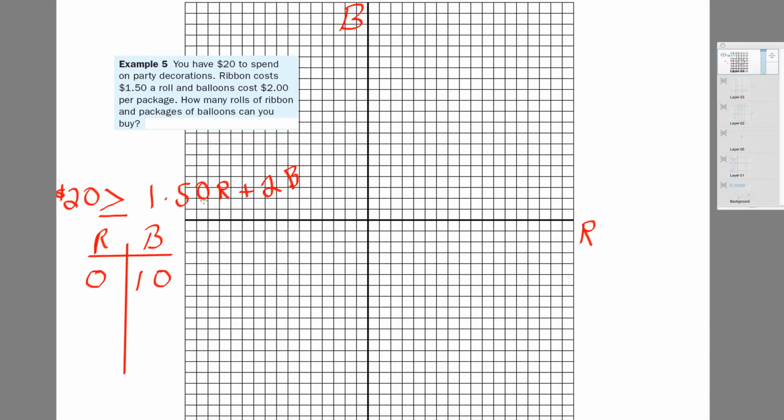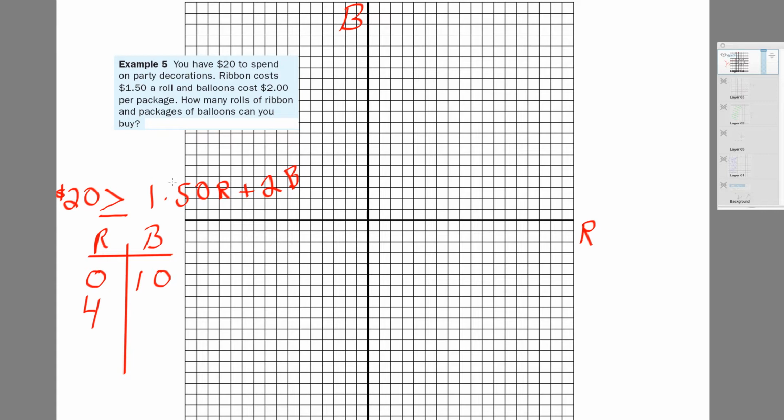So 4 times 150 is $6, right? Yep. And then 6 from 20 leaves me with 14. So that must mean 7 is going to be my B value, right?